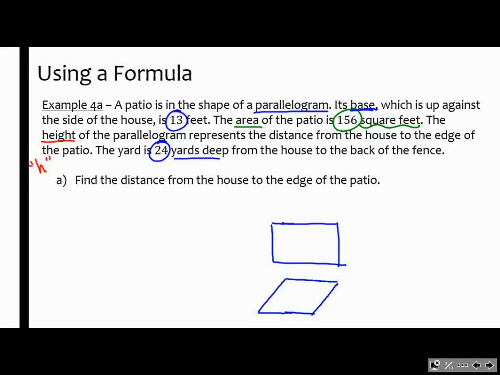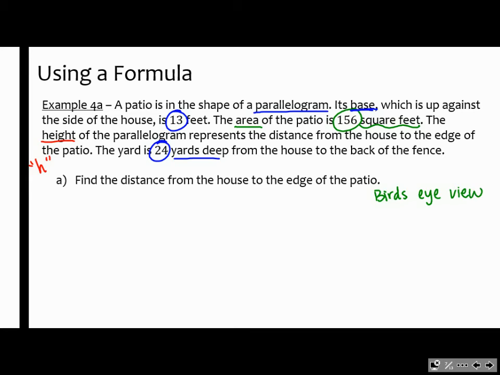Let me try to draw this according to what it says. A patio is in the shape of a parallelogram. Its base is up against the side of a house. Bird's eye view. I'm going to think of a house, and the base of the patio is against the edge of the house. I'll call that the blue base. That's my patio.